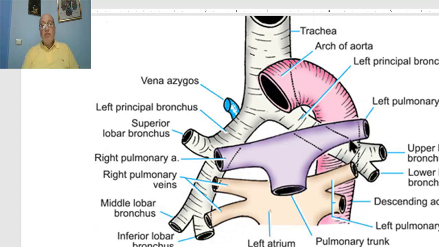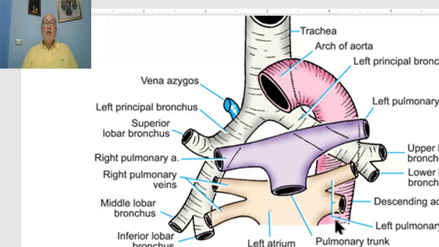And we take before that, the arch of the aorta ends on the left side of the disc between T4 and T5 vertebra and continues as the descending thoracic aorta.